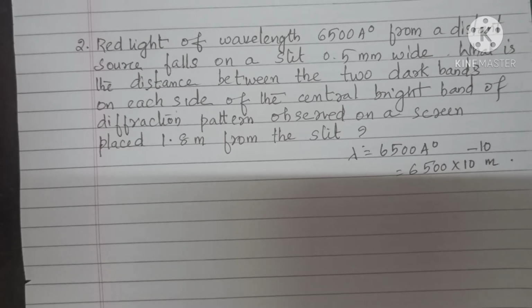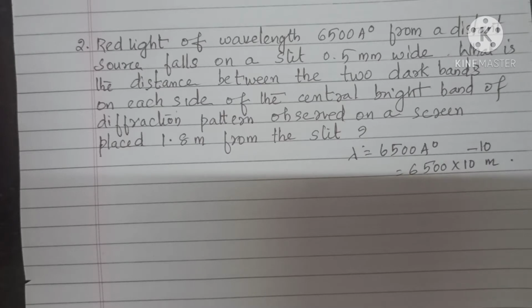What is to be calculated here is the distance between two dark bands on each side of the central bright band of diffraction pattern. That is the distance between the two minima on either side of the central maximum, the width of the central maximum, that is 2x, is to be calculated, and the screen is placed at a distance of 1.8 meter from the slit.